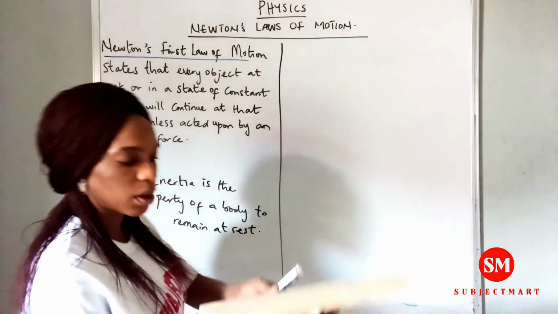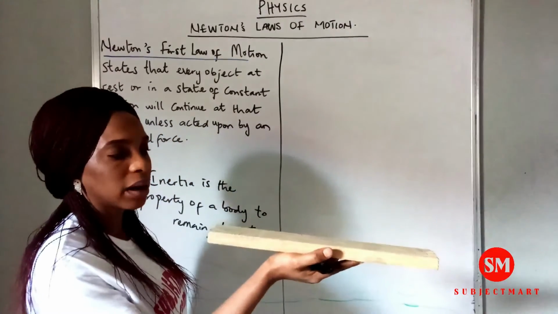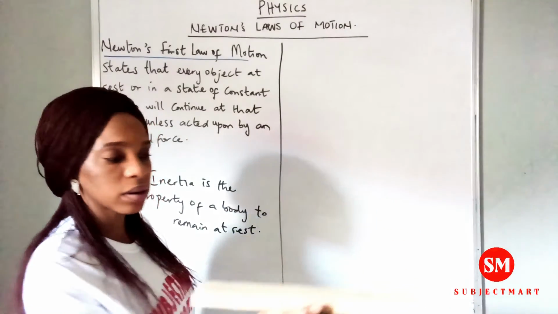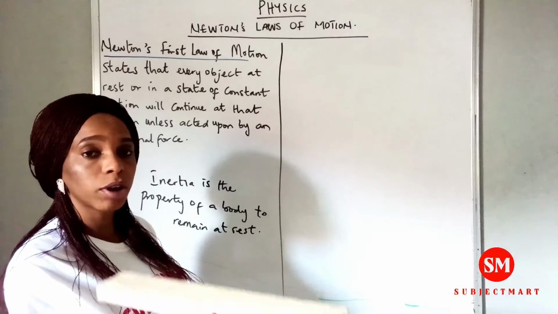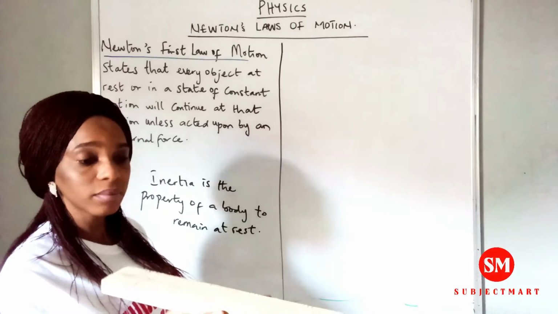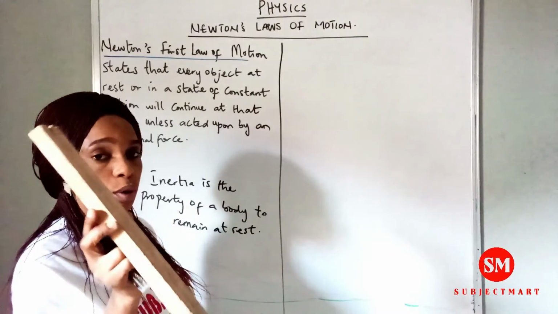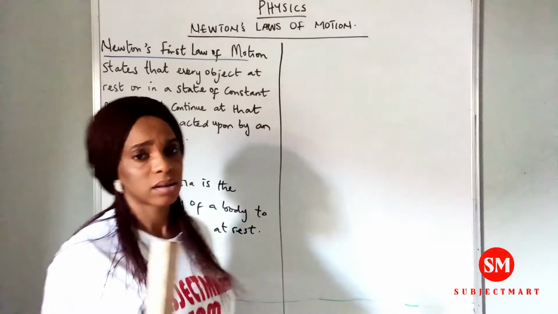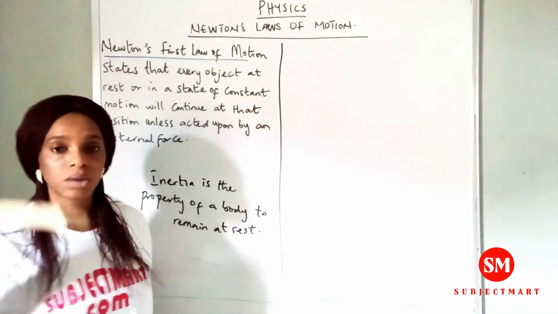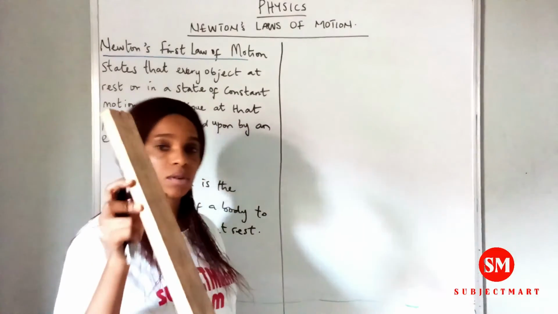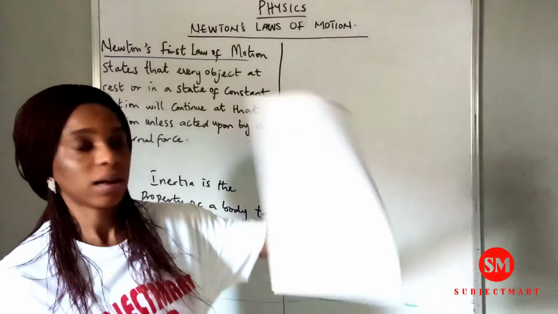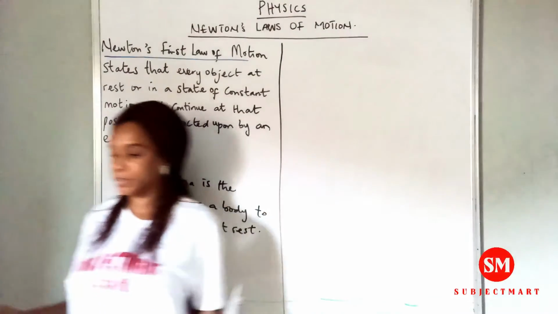Now, if I do the same thing to this log of wood, applying force in form of air, you can see that the force is not enough to even move it. Why is that? That's because the weight of this wood is higher than that of the paper.